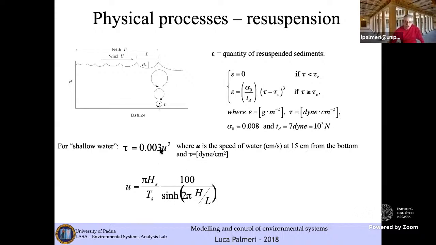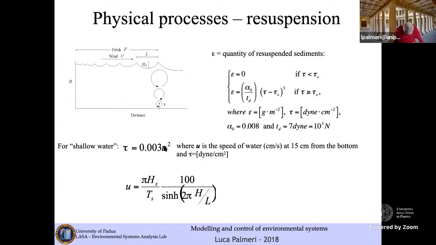So we have, for shallow water bodies, an explicit mathematical model that links the shear stress tau to the square of the water speed at 15 centimeters from the bottom. Why 15 centimeters from the bottom?